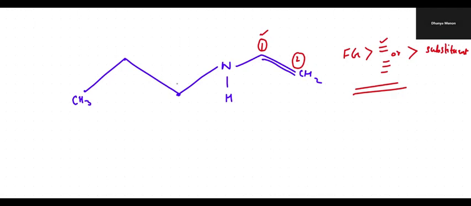This is 1 carbon atom, this is 2 carbon atom, this is 3 carbon atom. And they are connected, and this carbon atom is connected to the nitrogen atom. So, to the nitrogen atom is connected N-propyl. There are 3 carbon atoms, the propyl group is connected to the nitrogen atom.